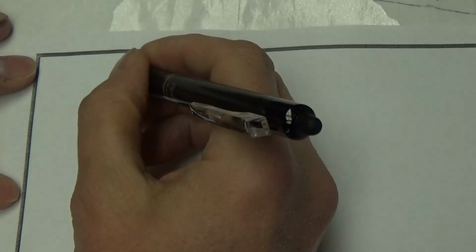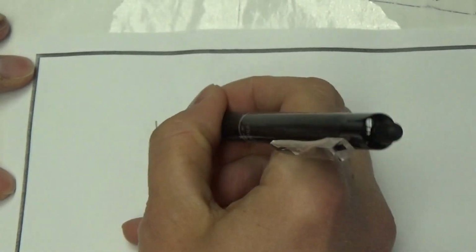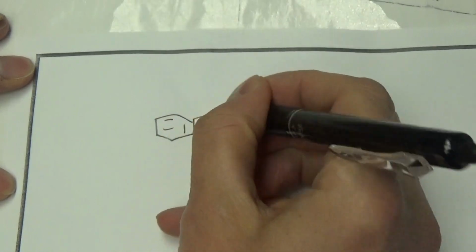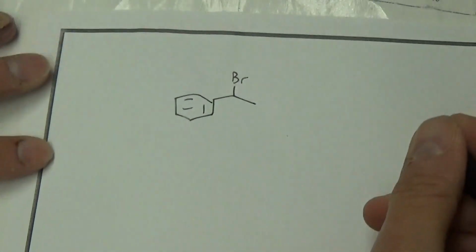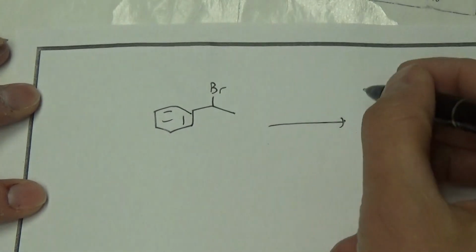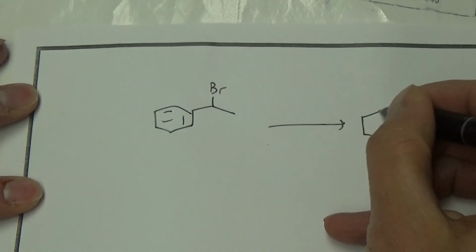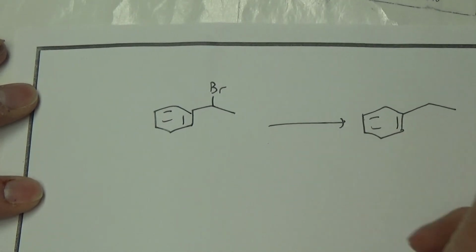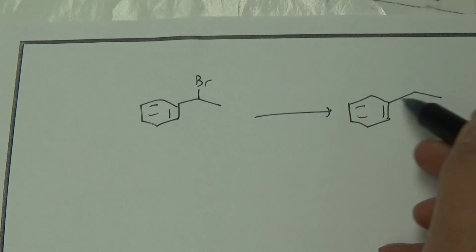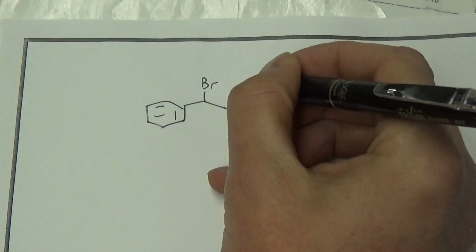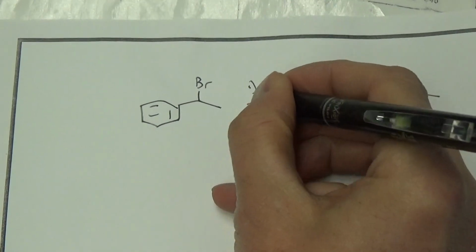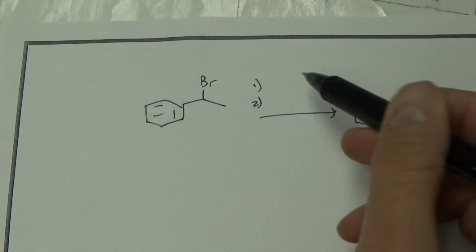All right, so for example, if I wanted to get rid of that bromine and leave it with a hydrogen, like that, how could I do this? Two steps.